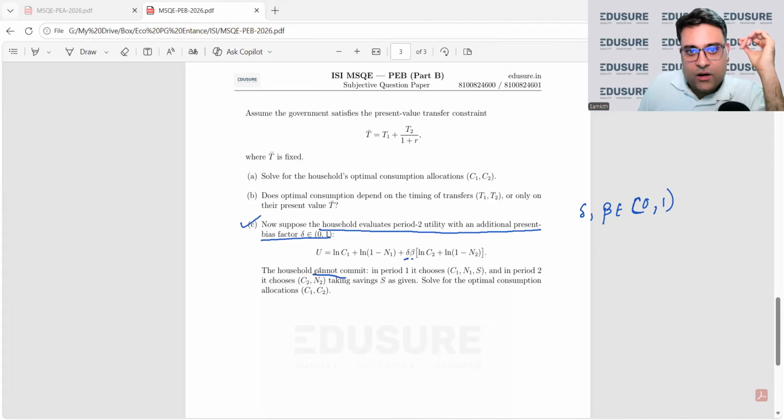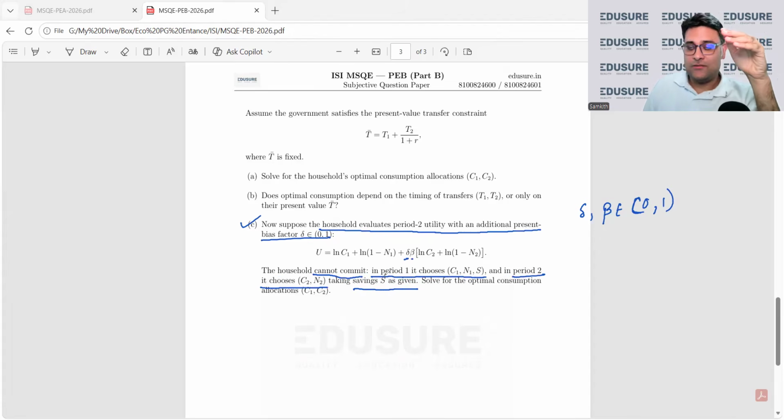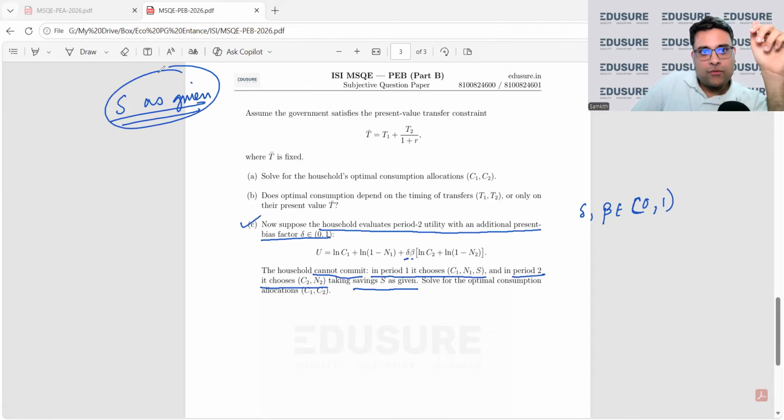The household cannot commit. In period 1 it is choosing C1, L1, S, and in period 2 it is choosing C2, L2, taking savings as given. So we'll have to do backwards in this case. I will take savings as given for period 2 and solve it, and then substitute that into period 1 and then solve. Solve for the optimal consumption allocations C1 and C2. Okay, savings is given.